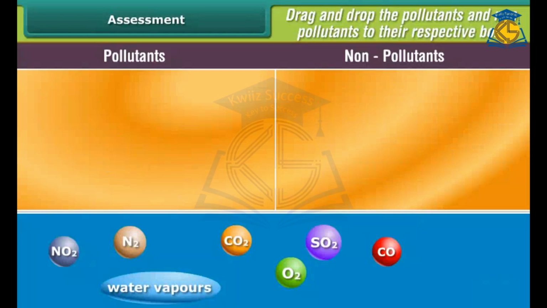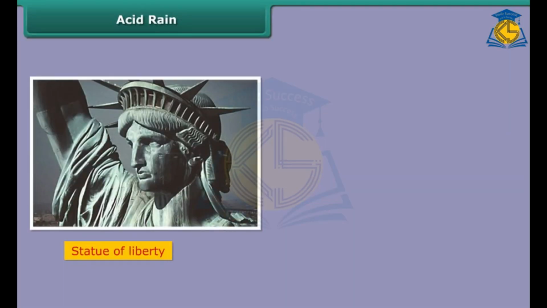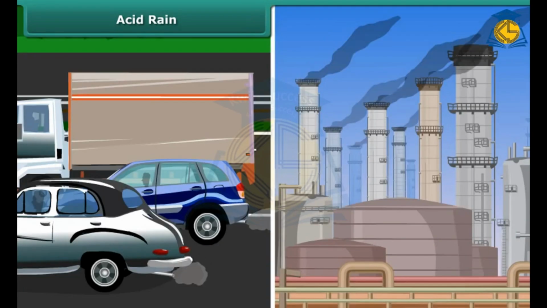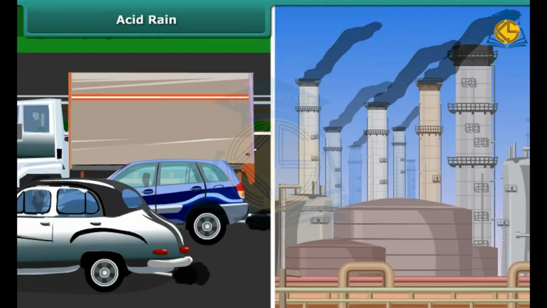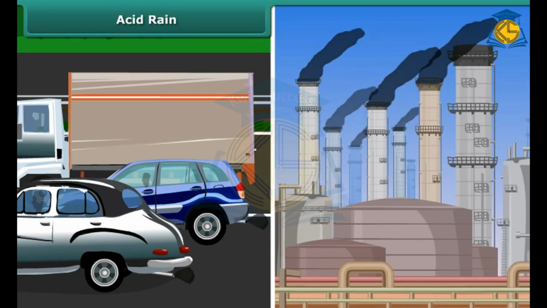Students, this is a simple interactivity for you. These are the images of Statue of Liberty in New York and Taj Mahal in Agra. They are badly damaged due to acid rain. Do you know what causes acid rain? Industries and vehicles release toxic gases like sulfur dioxide and nitric oxide into the atmosphere.